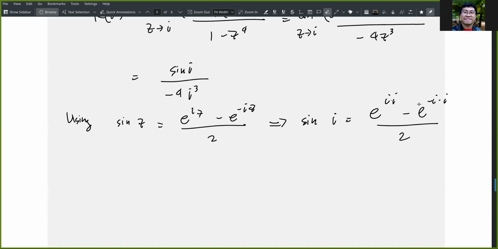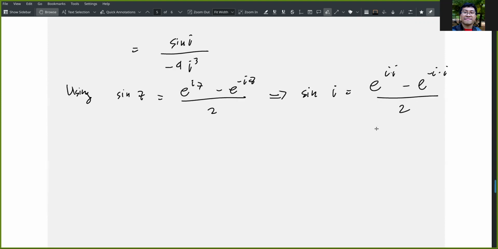I times i is minus 1, minus i times i is 1. So this is e to the minus 1 minus e to the 1, over 2i.